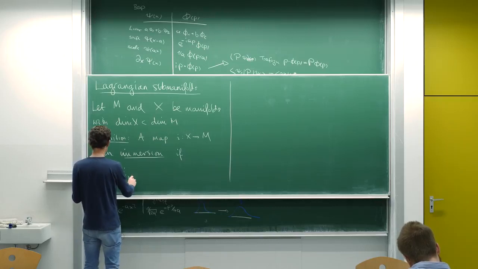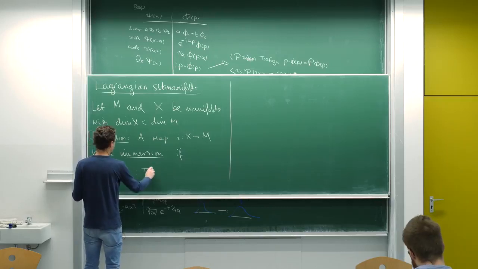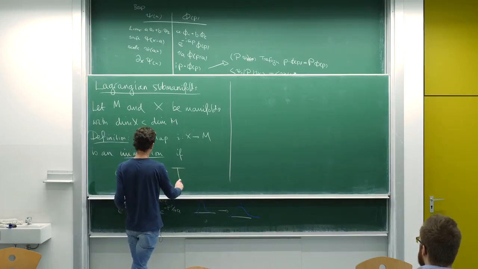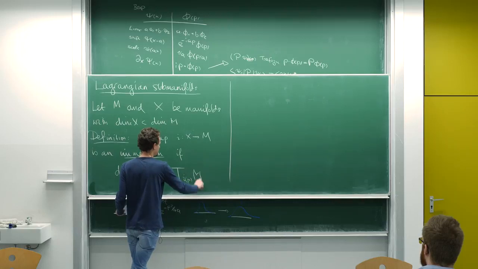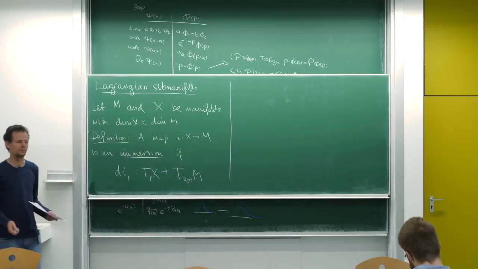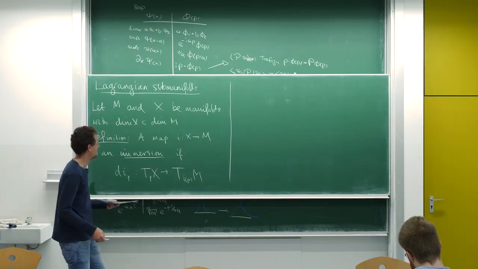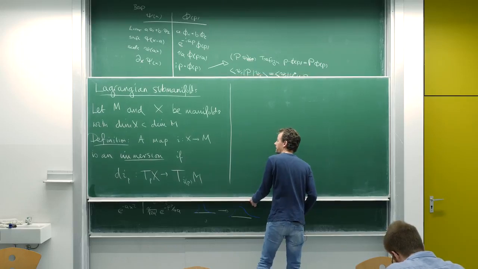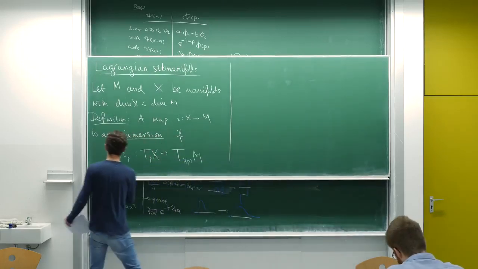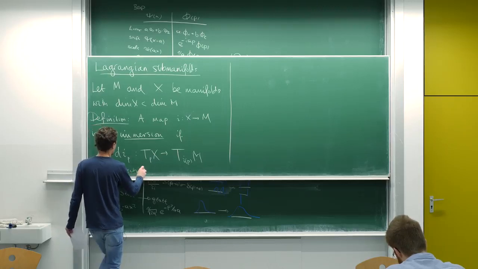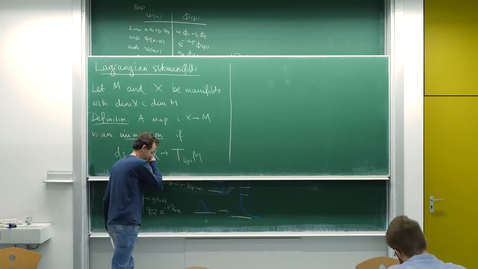Well, it means if you take dI_p at every point, that's some map from the tangent space at the point p of X to the tangent space of the point I(p) of M. So the bare minimum we'd want from a map that identifies X inside M is that this map is at least injective, one to one.